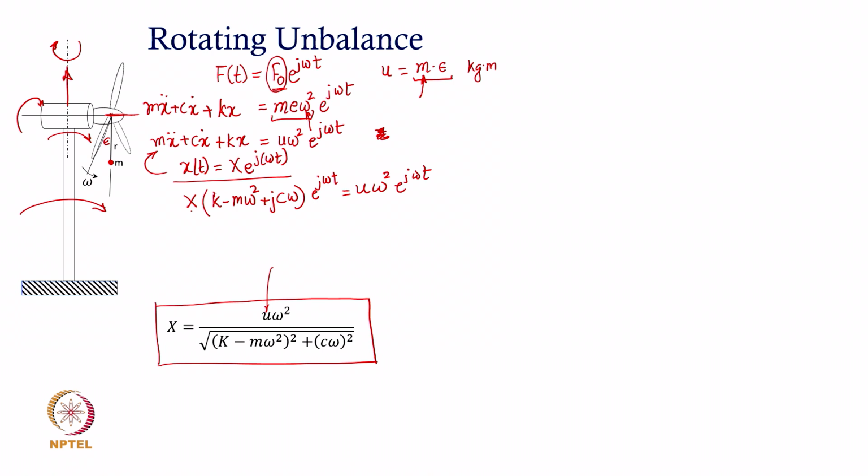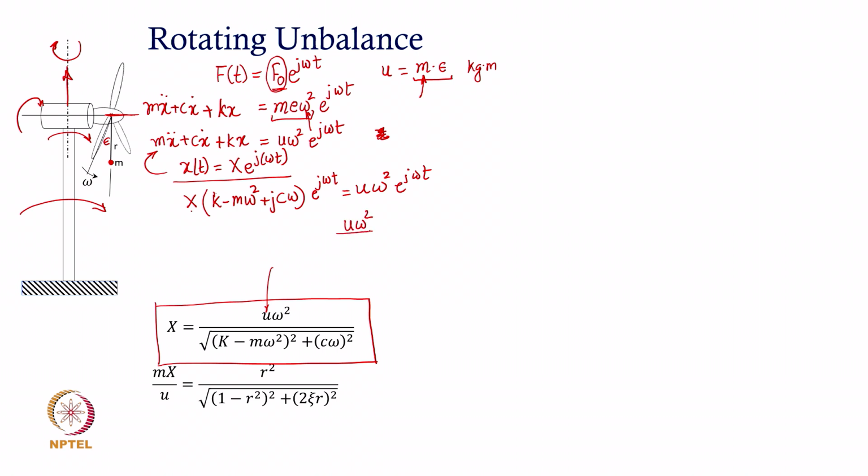So, steady state vibratory response amplitude capital X is given by this expression, and that is typically how the rotating unbalance excitation generates vibratory response capital X. Now, what we shall do is we can take this k out of this particular expression and take it in the numerator, and it is possible to write this numerator as u omega square.